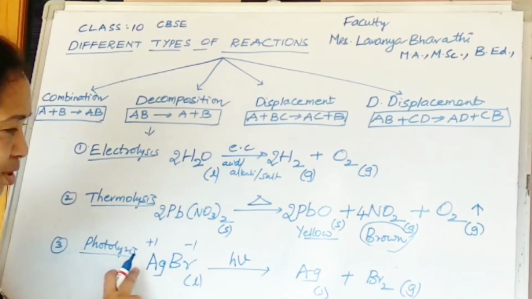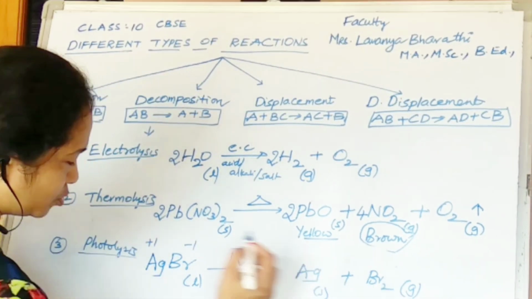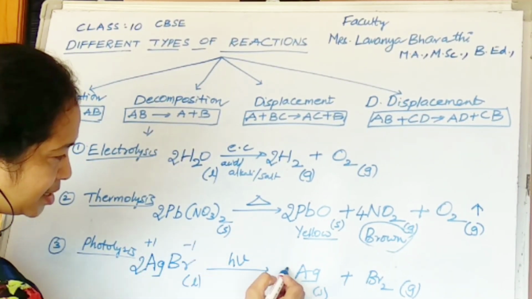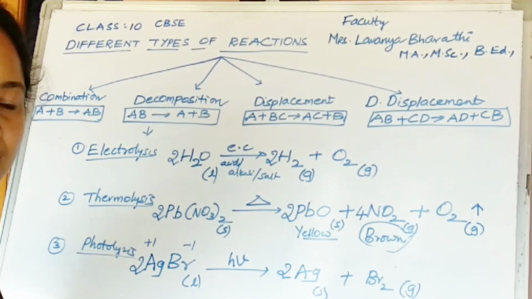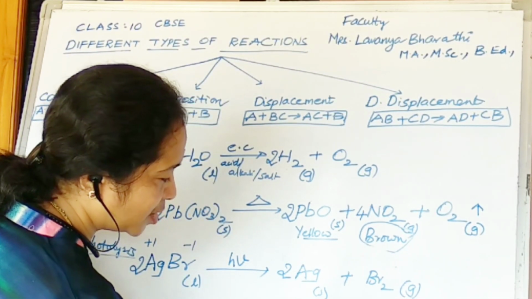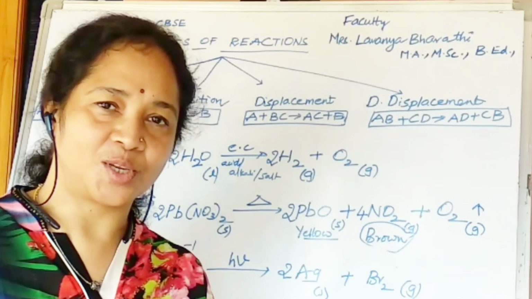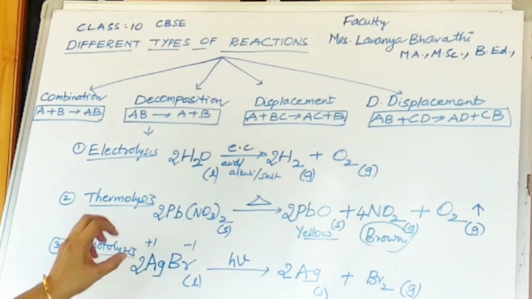Right, here you can see again unbalanced, and I'm writing here because there are 2 bromine atoms, I arrange 2 here and 2 here. Right? So this is silver, gray in color. After obtaining, you'll be getting the solid gray silver. Right? So this is the example of photolysis.